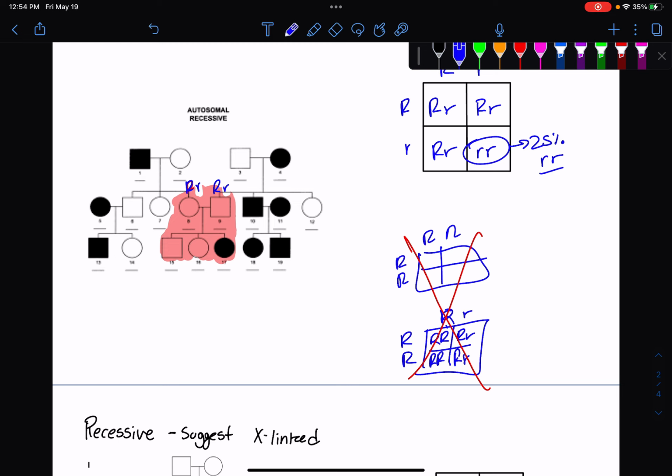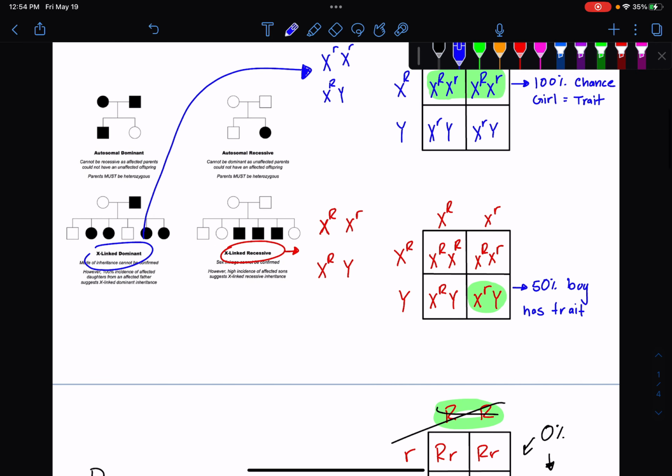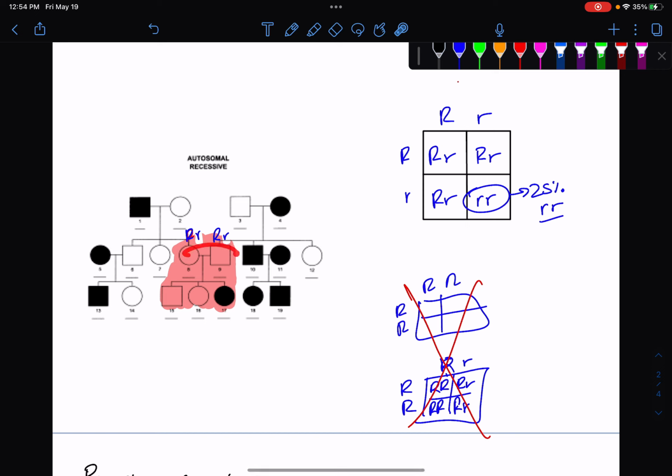Now, how do we know it's not X-linked? The reason we know it's not X-linked is because if we go up again, X-linked recessive shows 2 unaffected parents and then all affected sons. When we go down here, we have 2 unaffected parents. Oh, wait, a daughter. That's weird. That doesn't usually happen. If it were X-linked, all the boys would be affected, right?